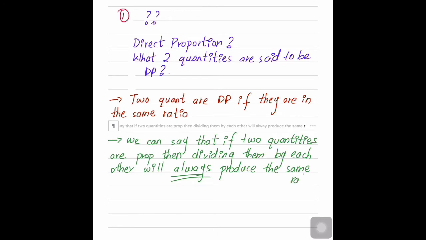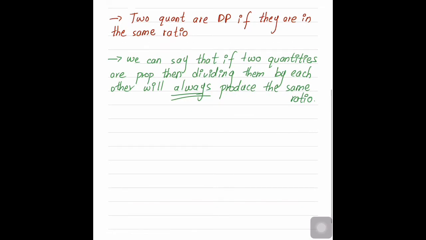And how exactly do we represent this in written form? T is directly proportional to L. This is how we express it.